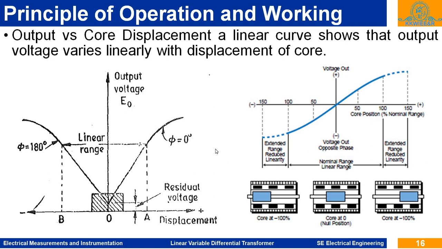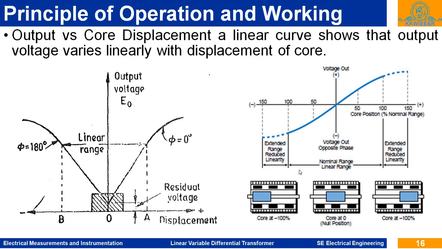Now, as seen in case 1, case 2, case 3, at the center position or null position, the secondary output is 0. When it moves in the upward direction, or say the right hand direction, we get a positive voltage.